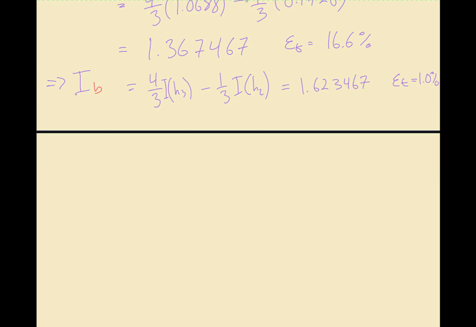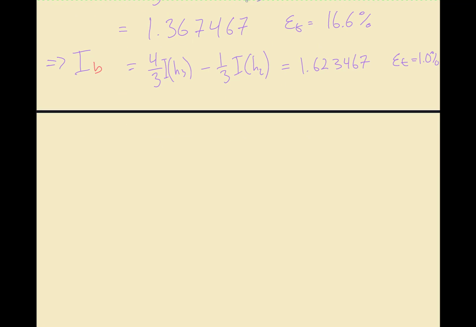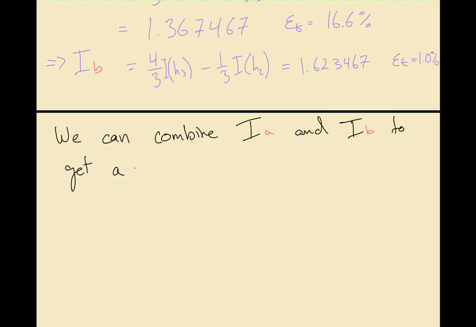All right, so we can combine IA and IB to get a more accurate estimate with an order of error h to the 6.